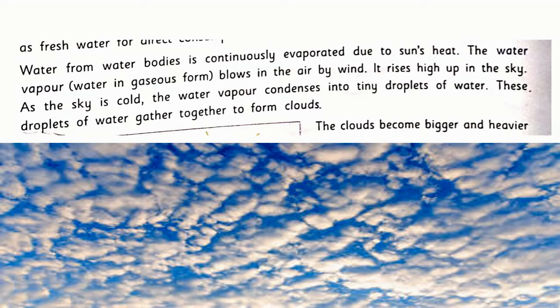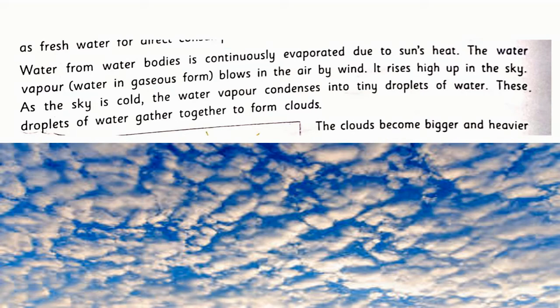When you go higher, the sky is very cold, and the water, which was in the form of gas, now condenses, becomes thick, into tiny droplets. It becomes small, small droplets of water. And then these tiny droplets of water gather together to form clouds. So cloud is condensation of water.